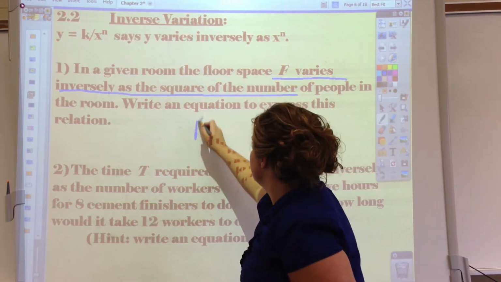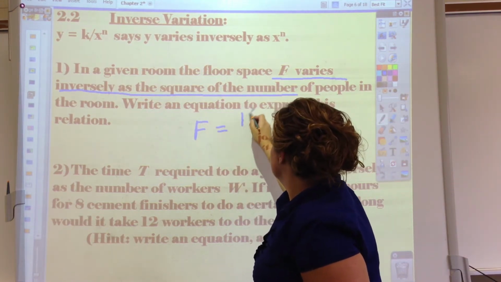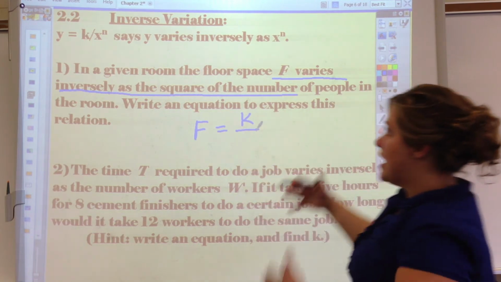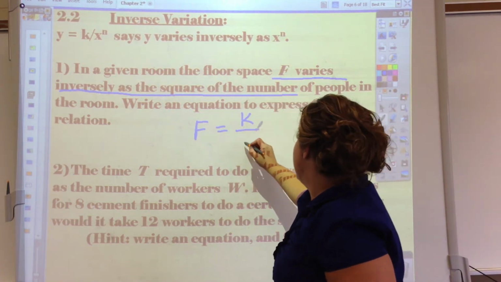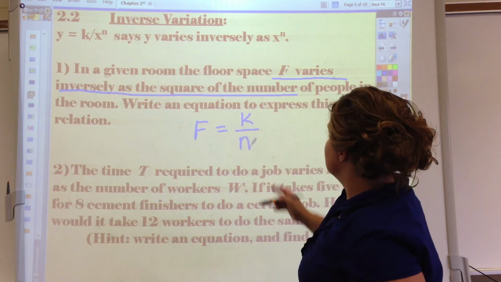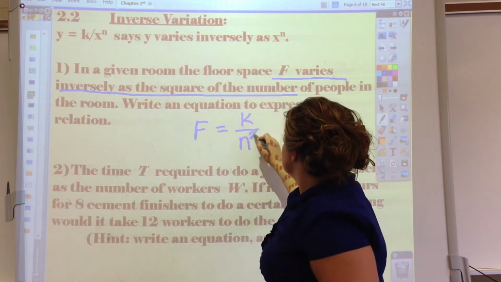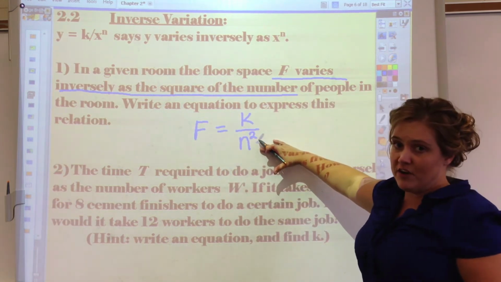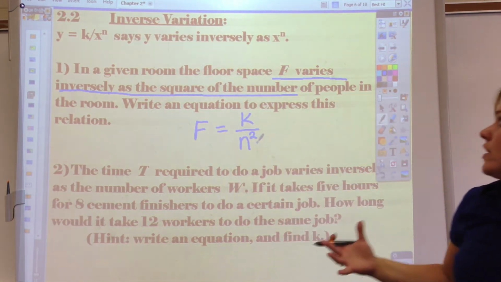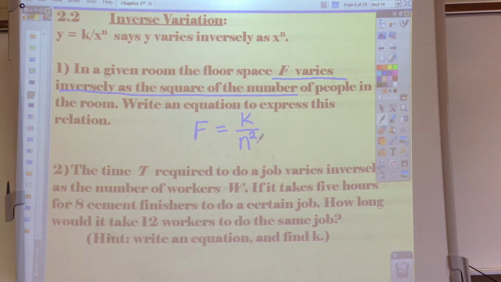So I'm going to say F varies inversely. That means that my x is going to be in the denominator. And this time I'll call the number n, and it's the square of n. So now I can see my floor space varies inversely, my variable is in the denominator, to the square of the number of people in the room.